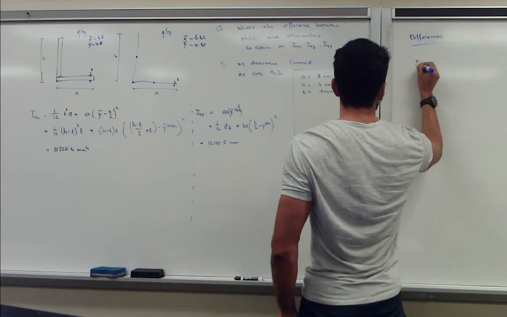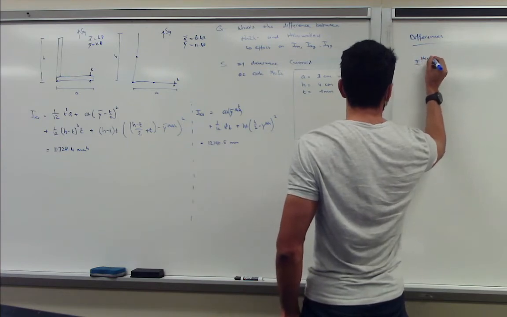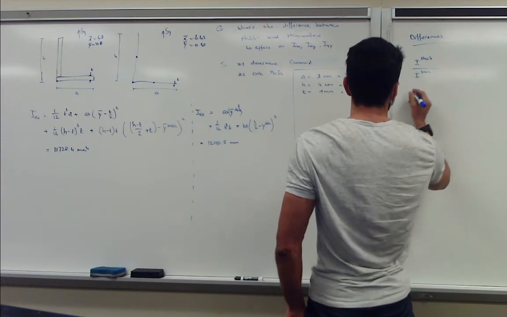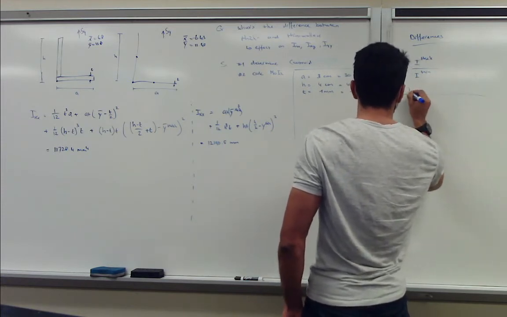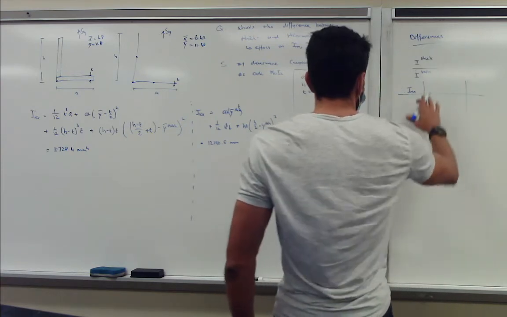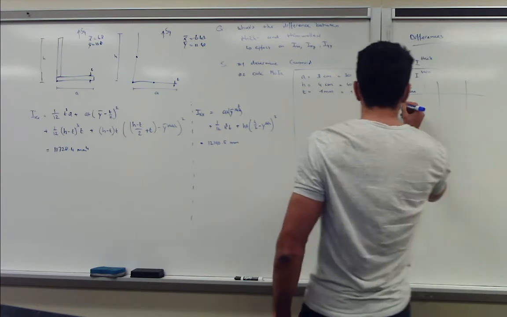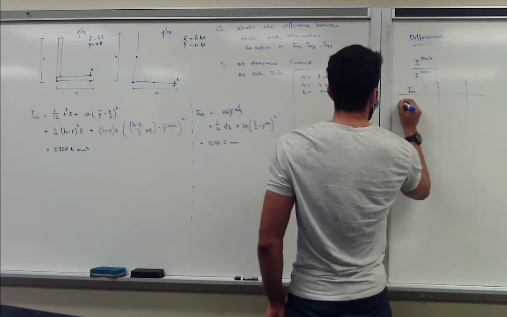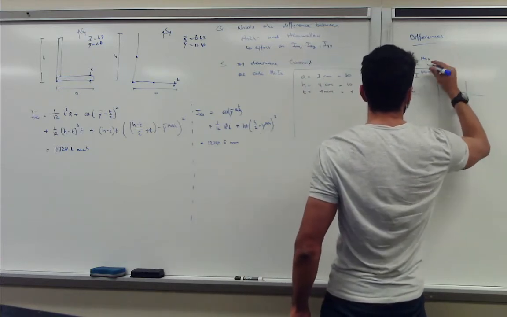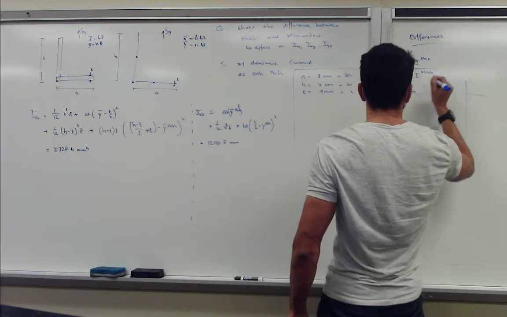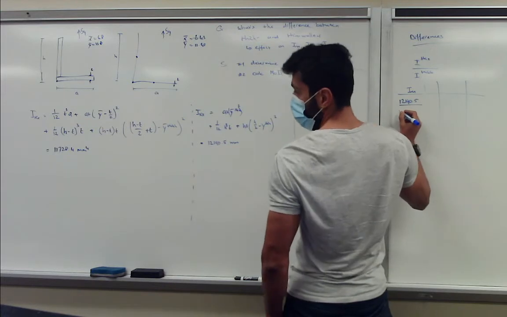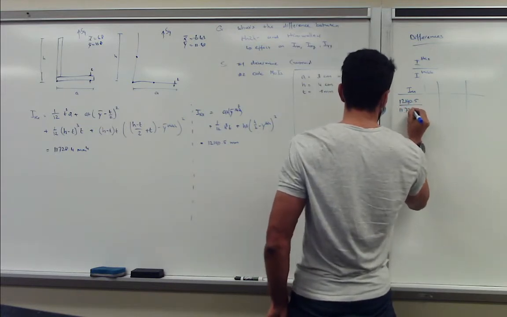So now we can look at the differences. We said we're going to compare Ixx of thin over thick. So we get 12,190.5 over 11,728.4.